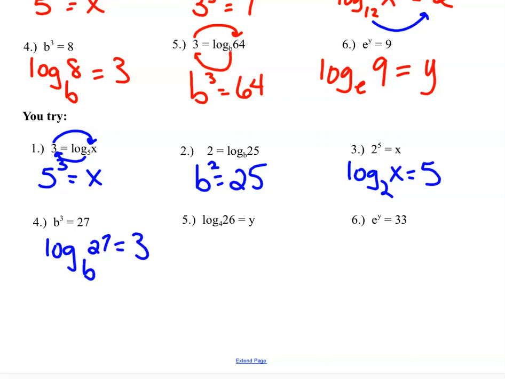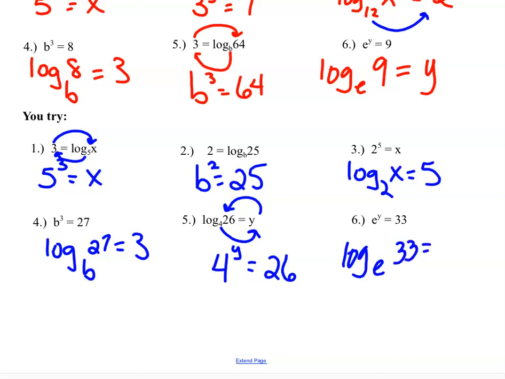And number 5. It's in log form, so we can just do our little circle. So 4 to the y has to equal 26. And the last one: log base e of 33 equals y. All right. Any questions on going back and forth between those two forms?